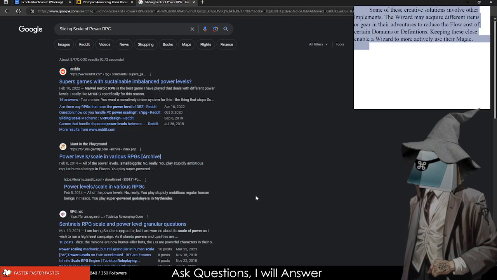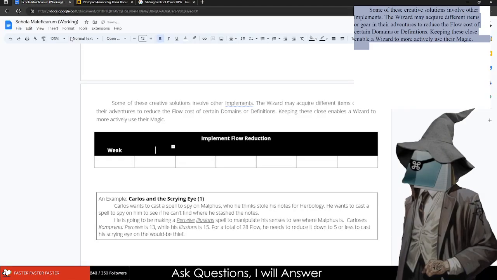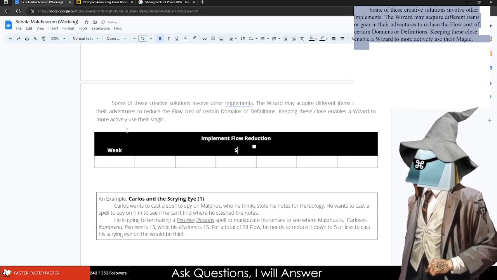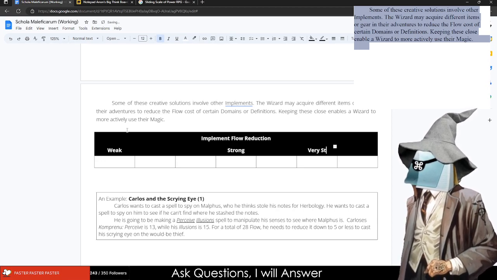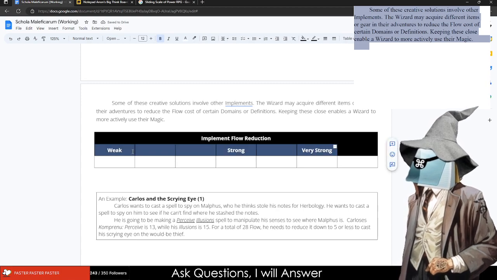I need something like it's weak, and then strong, and very strong. I'm trying to find words here, and it's just not clicking.